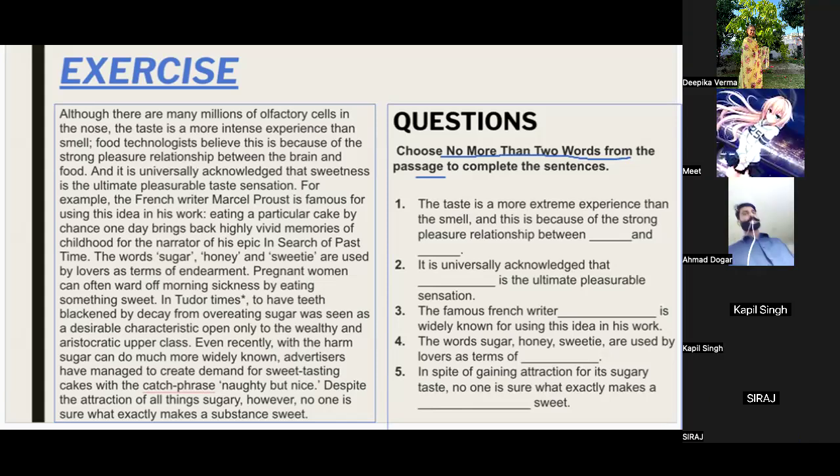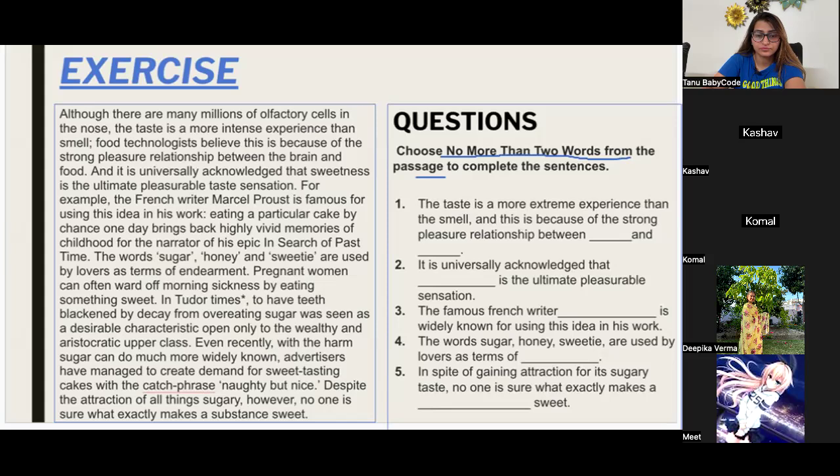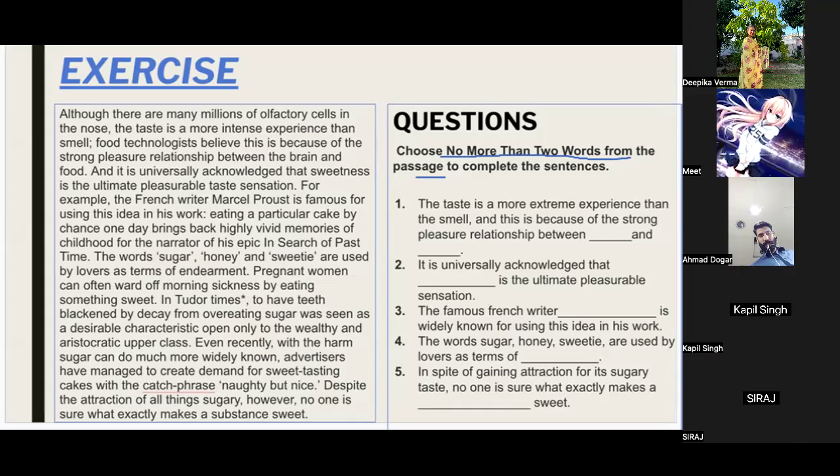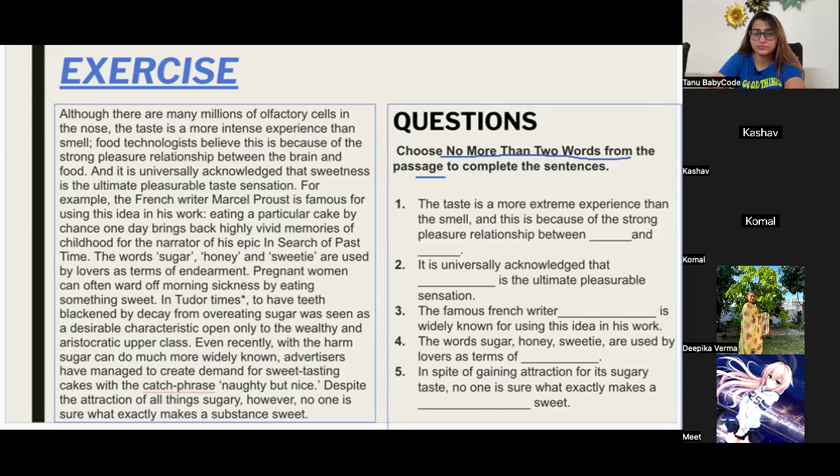And please write all your answers in the chat box once you're done. Please find all your answers and then write in the chat box. All answers together.